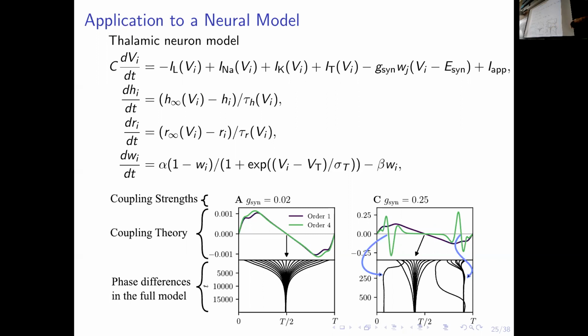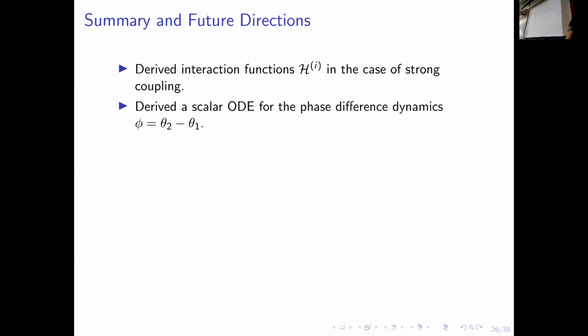Exactly. And it's important because this is a very biologically relevant value. Not everything in biology is arbitrarily small. So with this result we provide functions that give the stability and the phase difference dynamics.